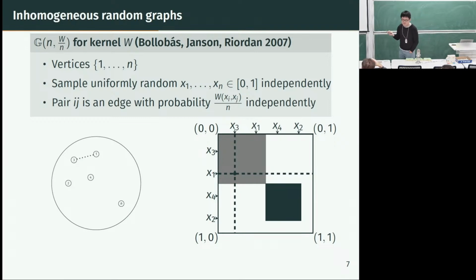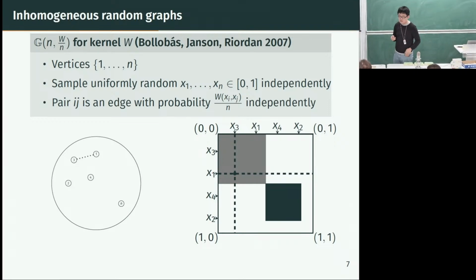Sorry, I didn't understand. So you have this kernel, and now look at the graph process G(n, kernel divided by n). So there's 1 divided by n. Yes. And now what's the probability that ij is there? Is that just divided by n once or divided by n twice? No, you divide only once. Since it's just notation, W over n, the probability is still W over n. Okay.